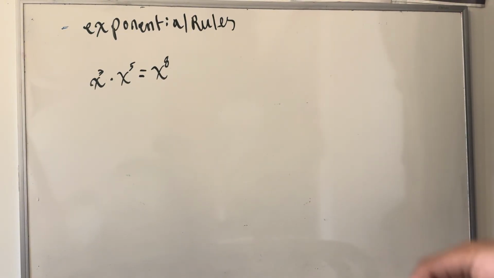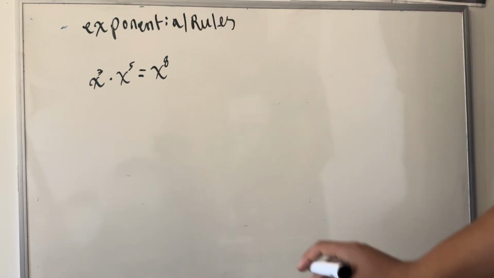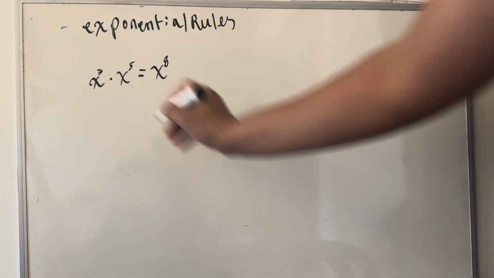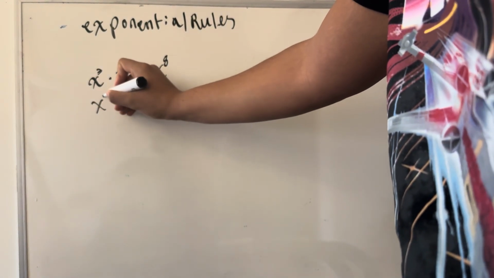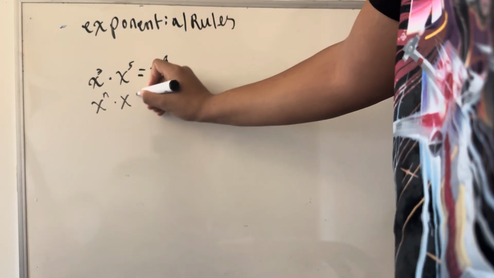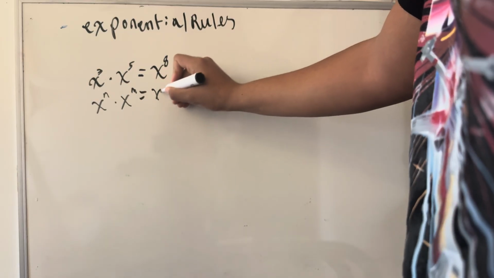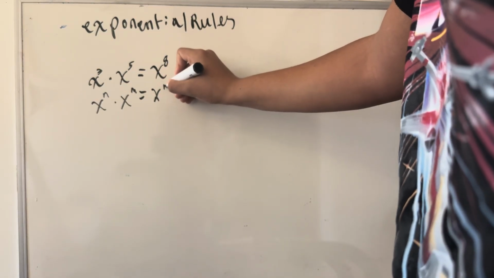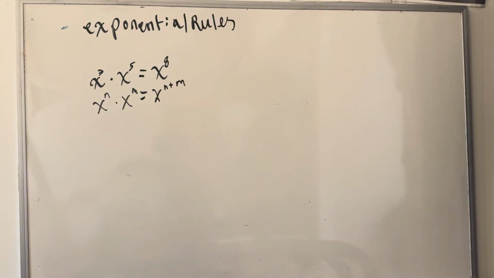X to the power 3 times x to the power 5 equals x to the power 8, right? What that looks like is we have x to the power of n times x to the power of m is equal to x to the power of n plus m, right?